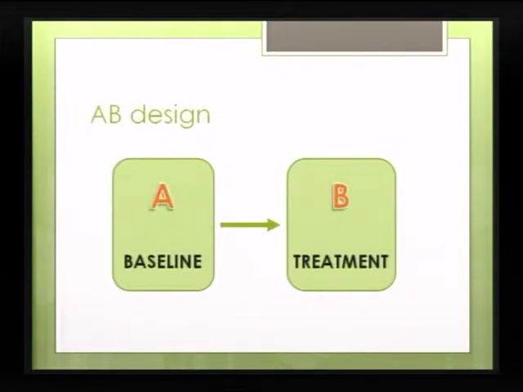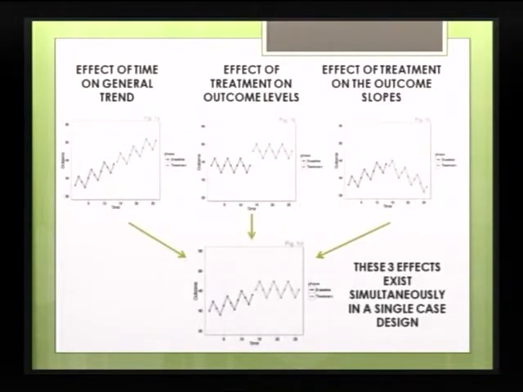Obviously, there are more complex designs, such as ABA and ABAB, but the logic behind this method is the same that I will describe later. In an AB design, a single case has three different effects.